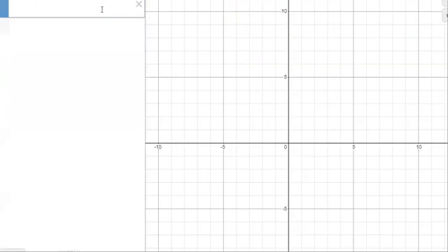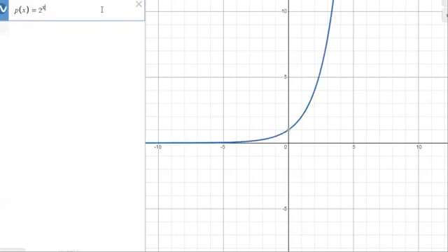Okay, so let's say the parent function p of x was 2 to the x power. And we get our familiar exponential growth graph. That's the blue graph. Notice that it has a horizontal asymptote on the x-axis, so it never actually crosses the x-axis. It just gets closer and closer, infinitely closer, right?